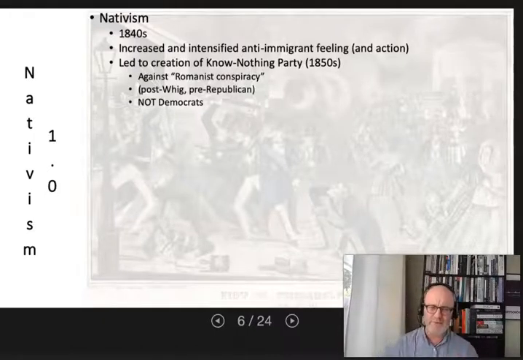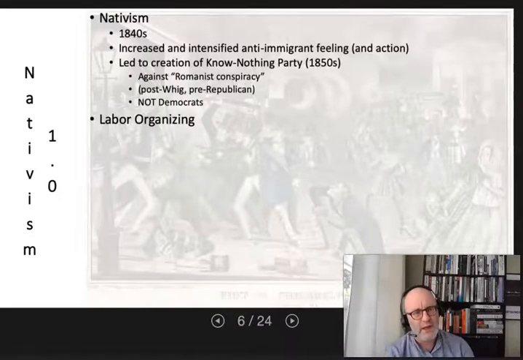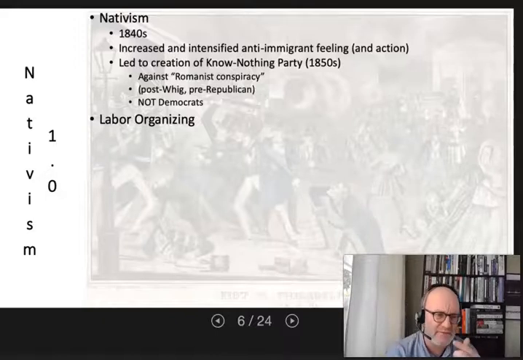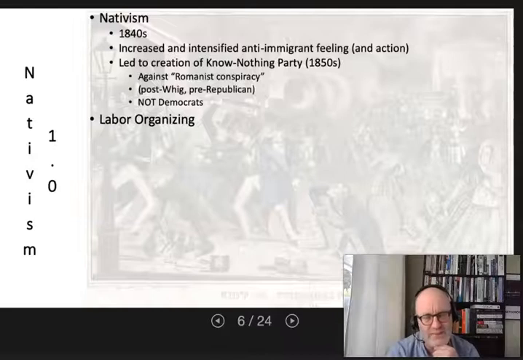It's a little bit Federalist. And we see a lot of anti-immigrant sentiment, I should say, and violence, largely aimed at the Irish. So that is our first famous nativist party, anti-Irish in the 1840s.